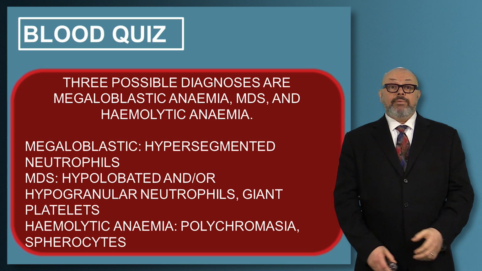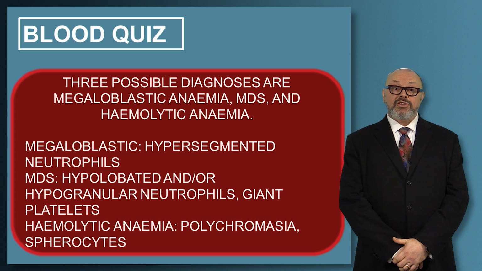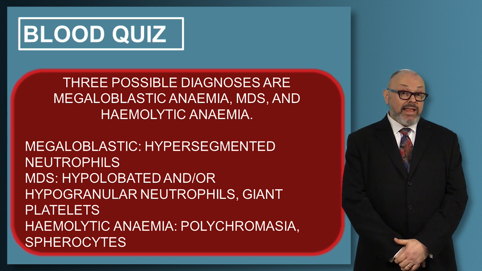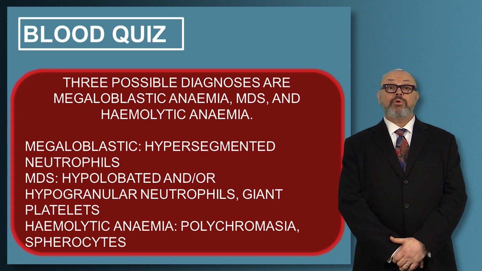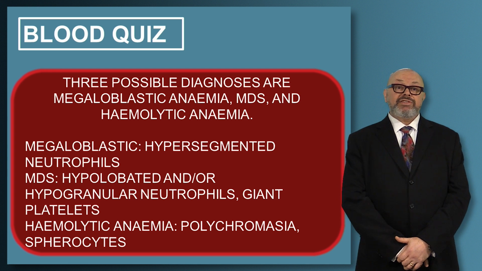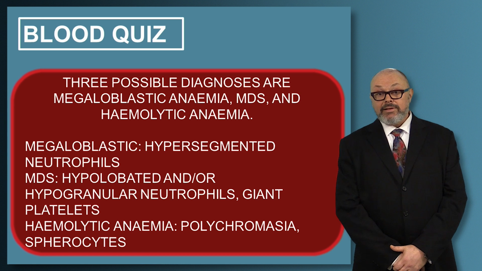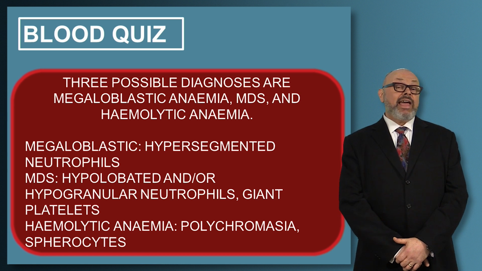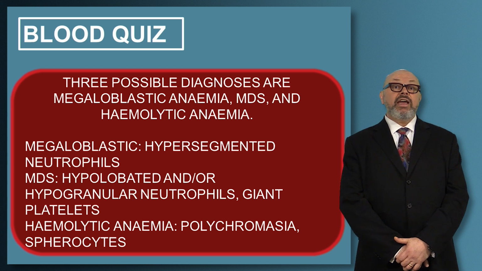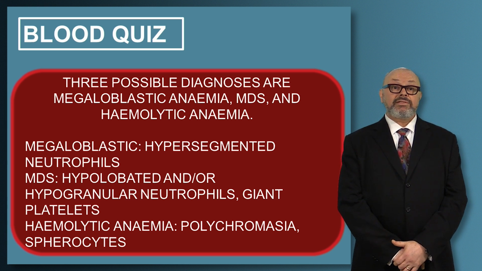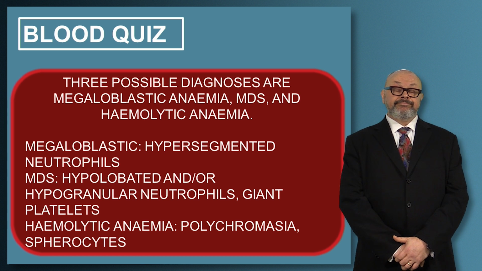With megaloblastic anemia, we'd see hypersegmented neutrophils. With myelodysplastic syndrome, we'd see kind of the opposite, hypolobated and or hypogranular neutrophils, and we might see other abnormalities like giant platelets. If she has hemolytic anemia, then we'd expect to see polychromasia. That's the presence of an excess of young red blood cells, and also spherocytes.